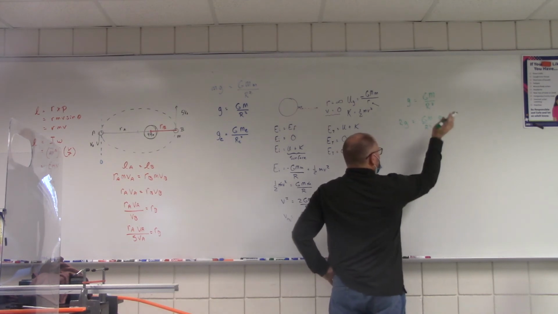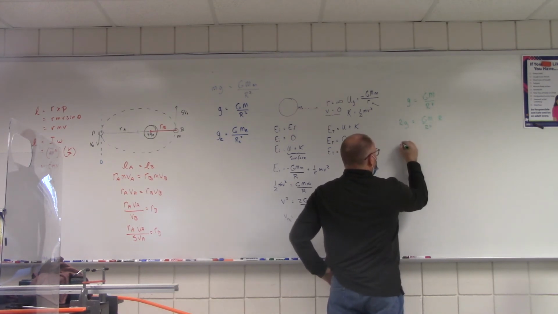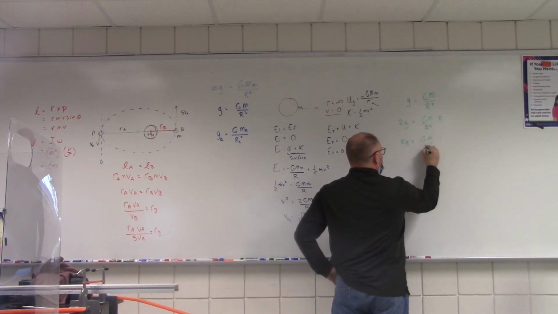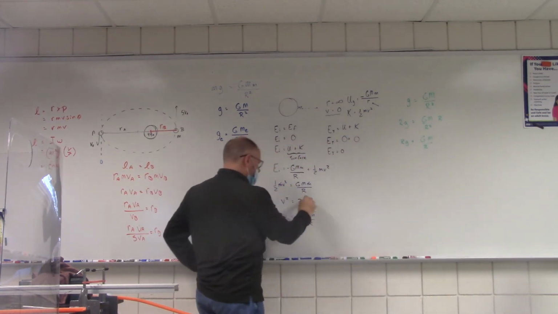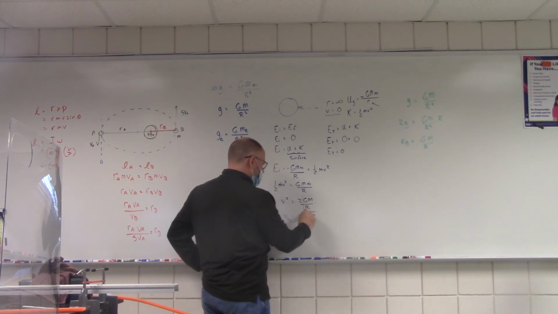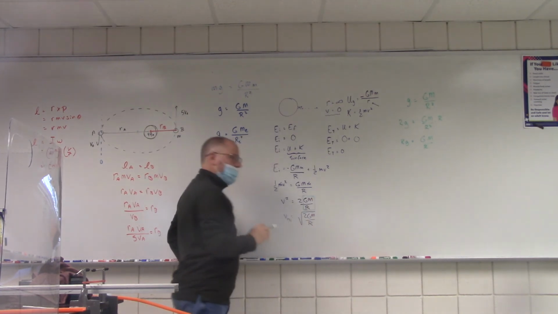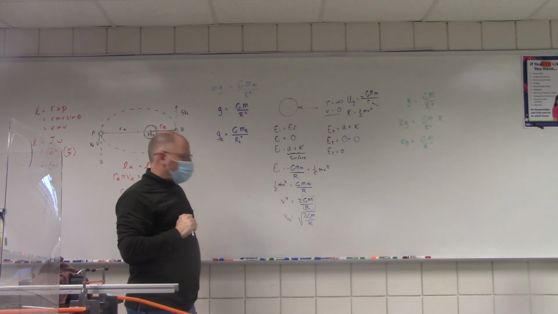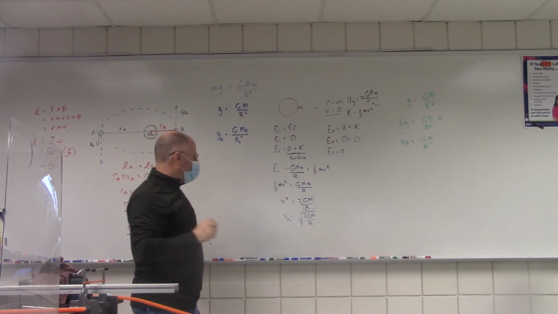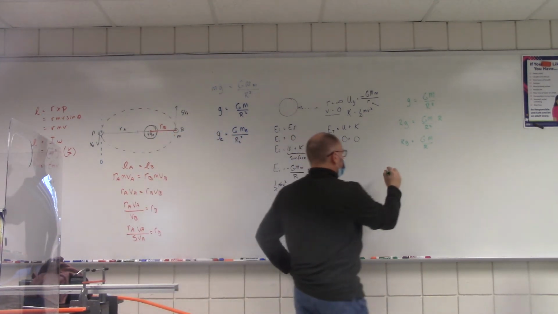One of these R's is going to magically disappear, and I end up with Rg is equal to GM over R, which is this thing here. You see it right here? See that? So then how am I going to write my escape velocity?